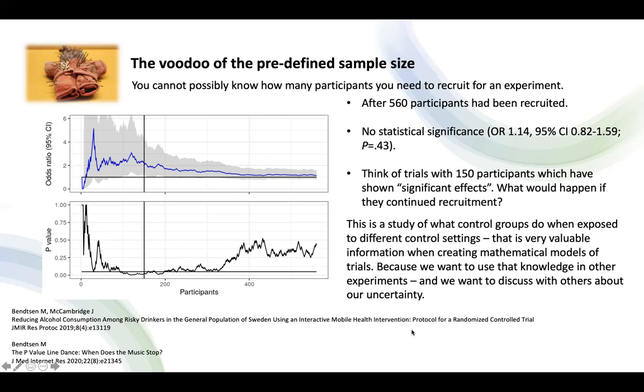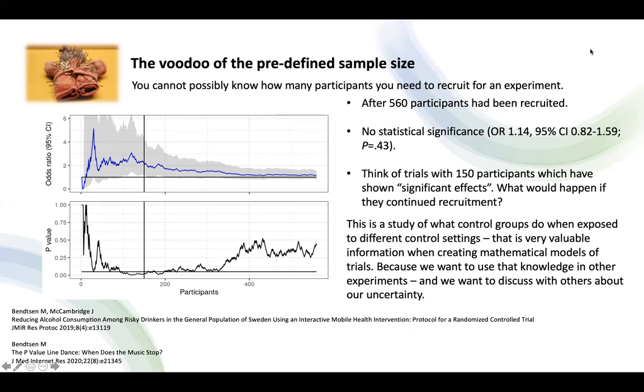So this study that we did was a study of what happens in control groups. So we wanted to know something about control groups. Often we use control groups in behavior interventions where we say, oh, go to this website or go to this platform, and we give them some brief information about health. And we wanted to know if that small information changed the way that people engage with other material.